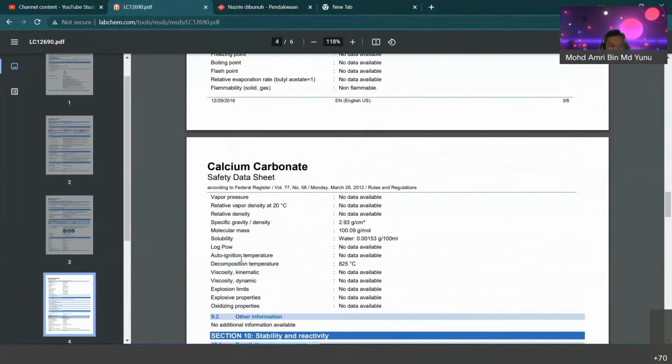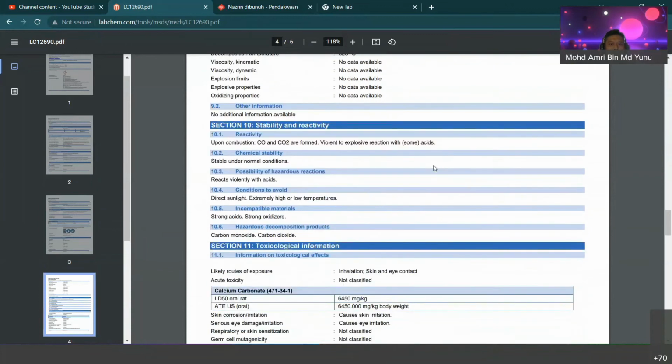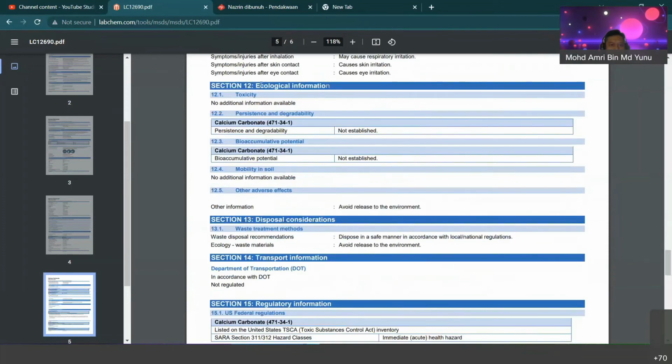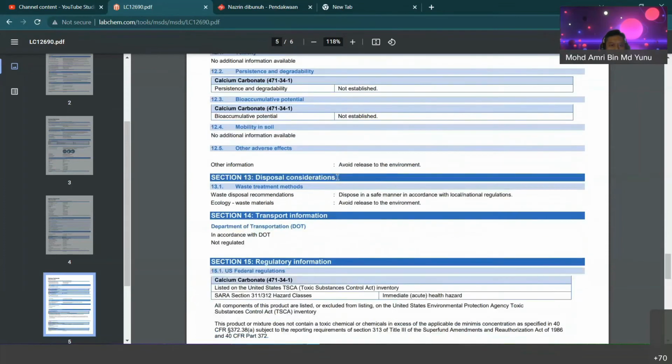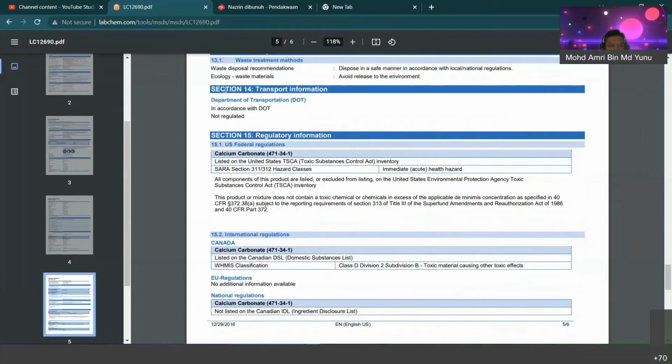Here we can find the flashpoint. Flashpoint is not available. Stability and reactivity, toxicology, ecological information, how to dispose, transport information, regulatory information.